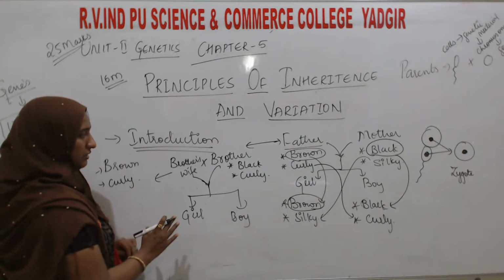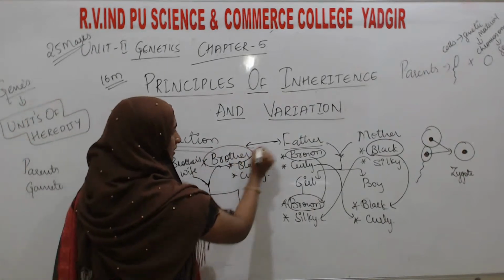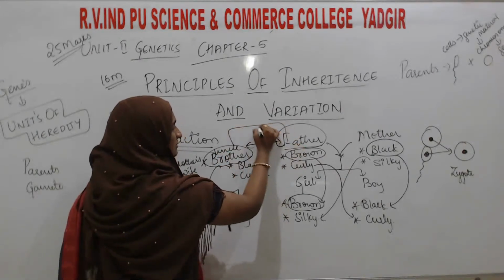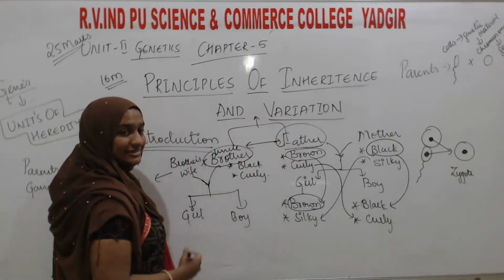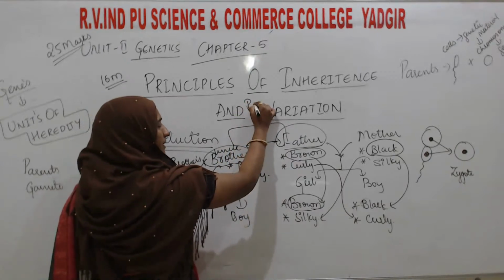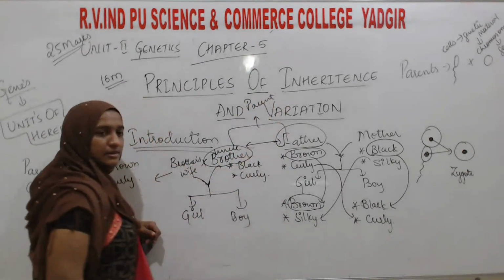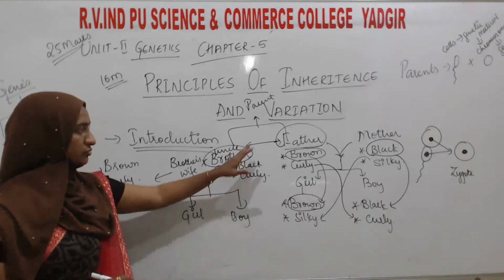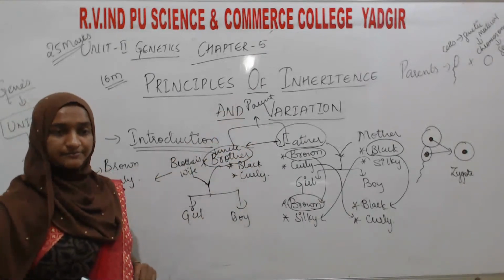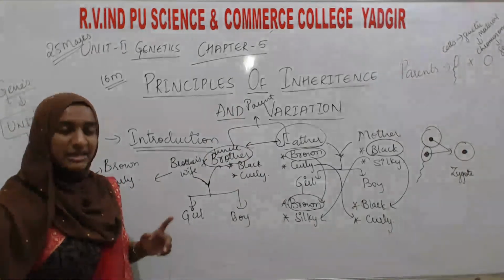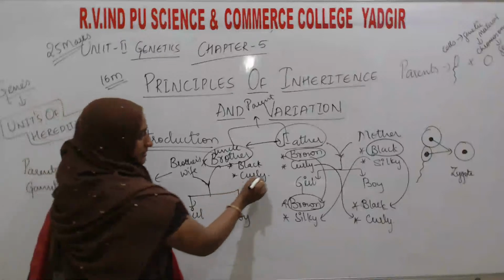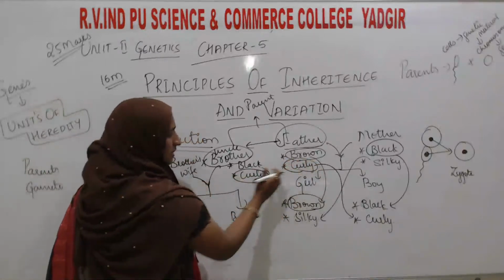Here the father and their brother, that means the uncle, belong to the same ancestor. Ancestor means the same parent. They both belong to the same parent. The character of the hair, the curly hair, is similar in both the brothers.